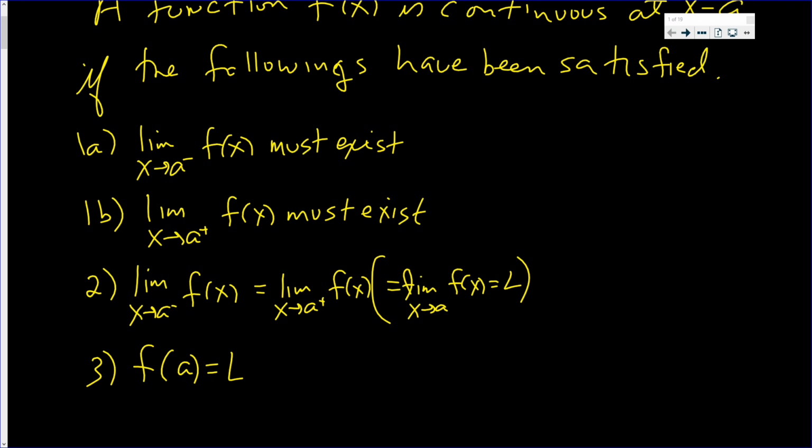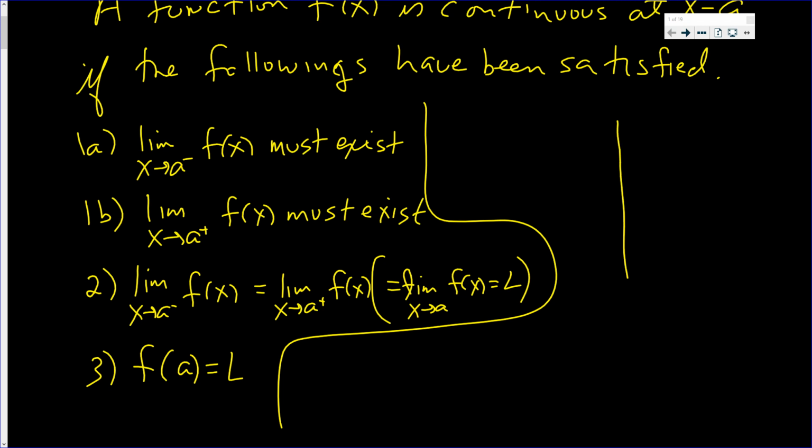Now let us look at this and see how, if one of them fails, the function is not continuous at a.